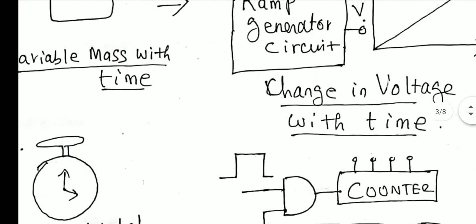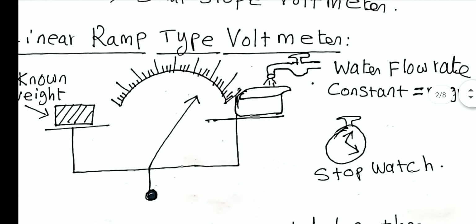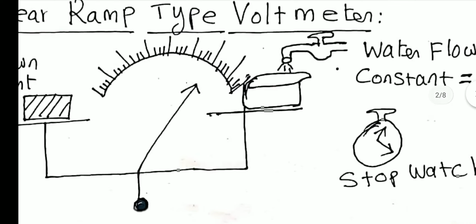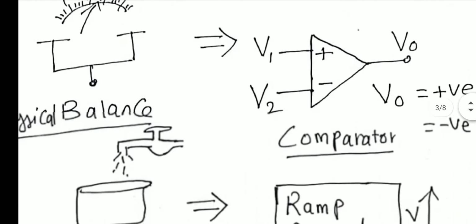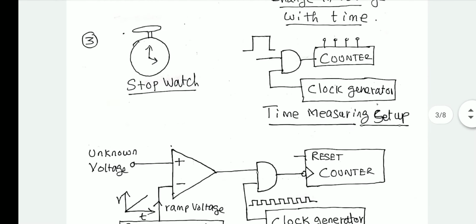Now we can replace this example by means of an electronic circuit, constructing it by assembling all these together. So we get the circuit like this.